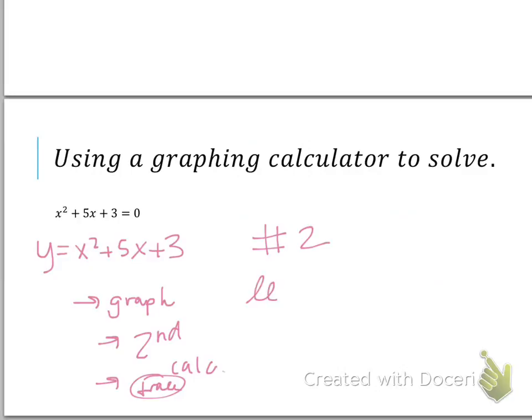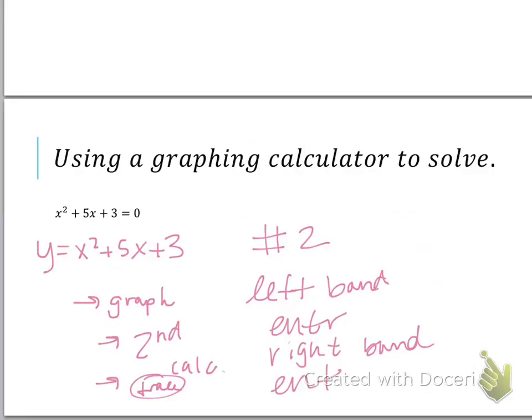Then it will say left bound, so you want to go to the left of the 0 you're trying to find, and then you click enter, and then it will say right bound. So you go to the right of the 0 you're trying to find, and you will press enter.